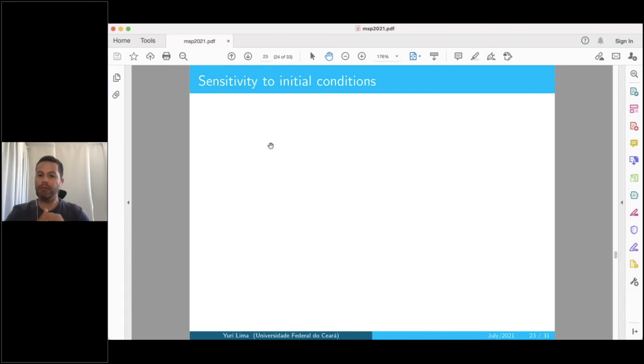And this is very important if you want to make predictions, because this tells you that, no matter how you try to predict the current situation of your system, let's say its speed or its position, you are not able to predict it with 100% certainty. So you're going to have some errors.